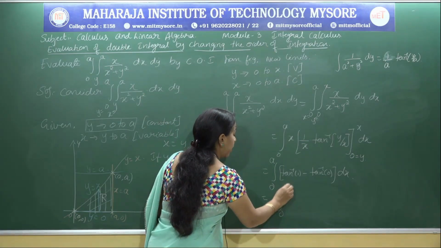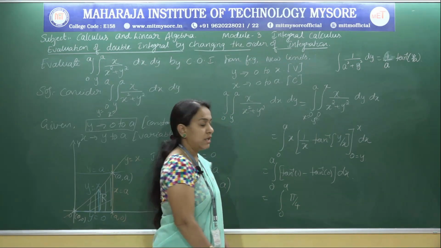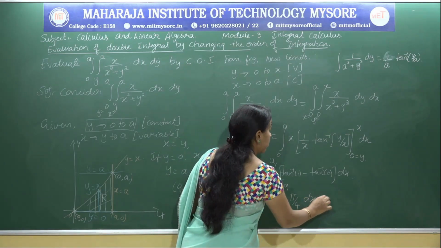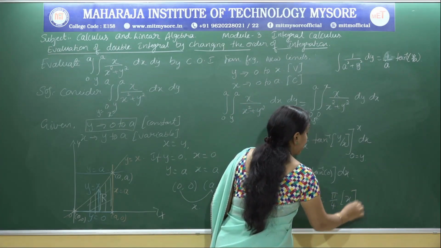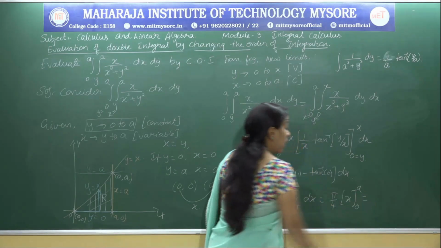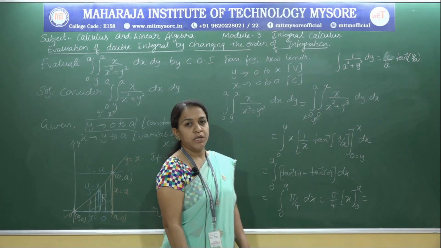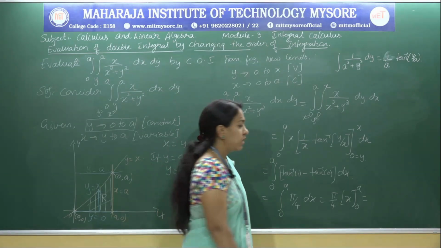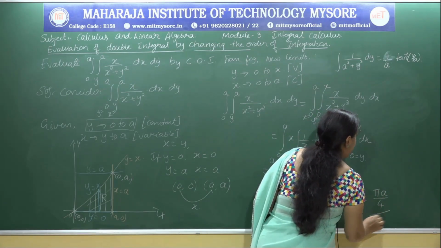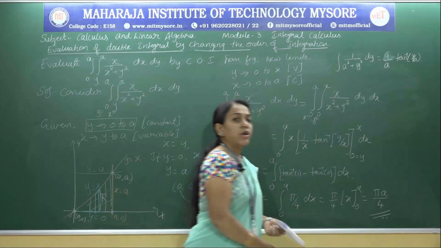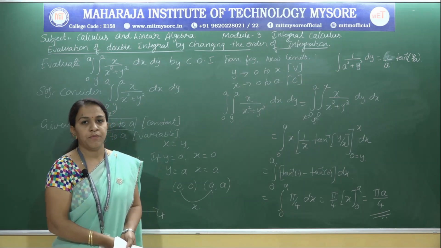So the integral from 0 to a of pi by 4 minus tan inverse 0, which is 0, into dx. Pi by 4 common, the integral of dx is x between the limits 0 to a. Applying the limits, the upper limit is a and the lower limit is 0, so a minus 0 remains a. So our answer is pi a by 4. We evaluated the given double integral easily by changing the order.